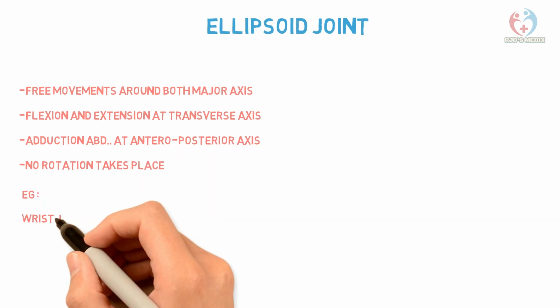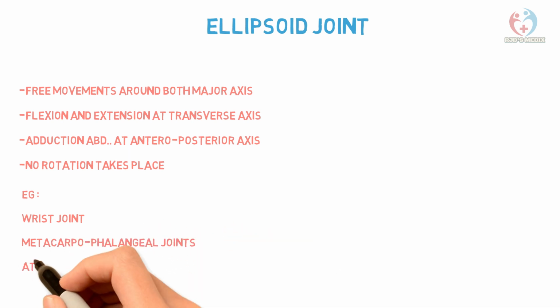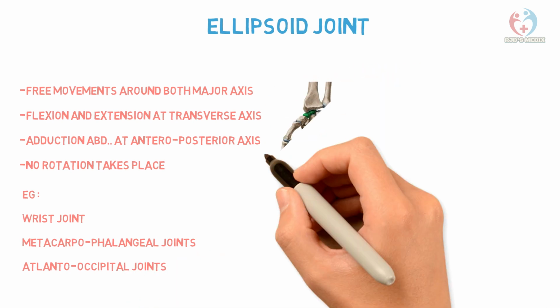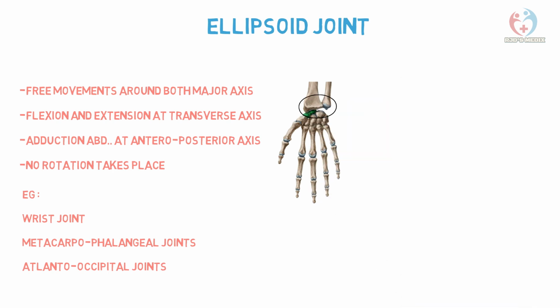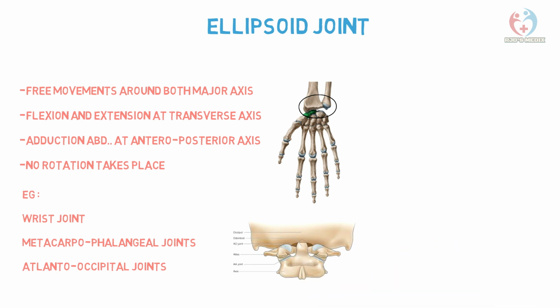And remember one thing here: no rotational movement takes place freely. Examples of ellipsoid type of synovial joint are wrist joint, metacarpophalangeal joint, and atlanto-occipital joints.